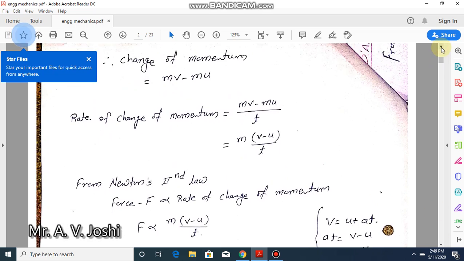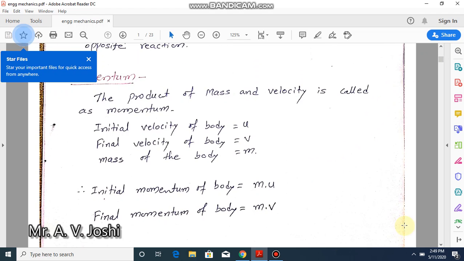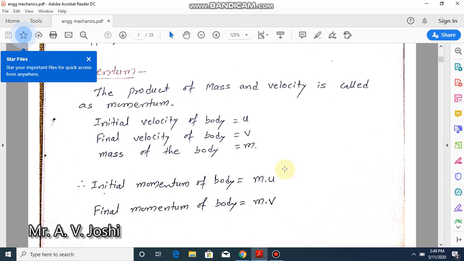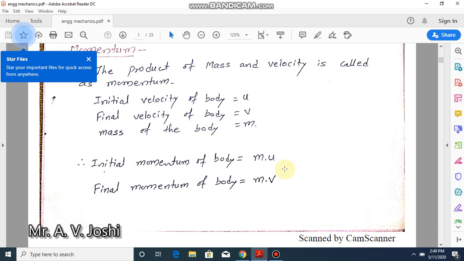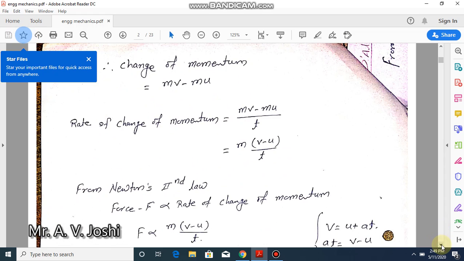So look at this, after this we have to find the change of momentum. The change of momentum is mv minus mu, final momentum minus initial momentum. And the rate of change of momentum is equal to mv minus mu divided by time t.